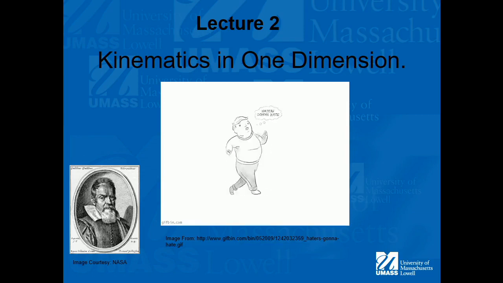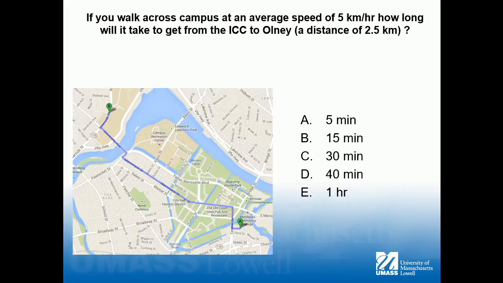Right, let's start with a clicker question, which you will answer without any clickers. The way you answer this is by a show of hands. So, get ready to exercise. That's a map from the ICC, which is somewhere near downtown.